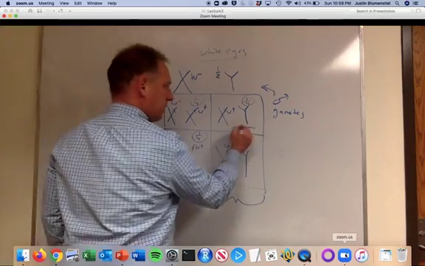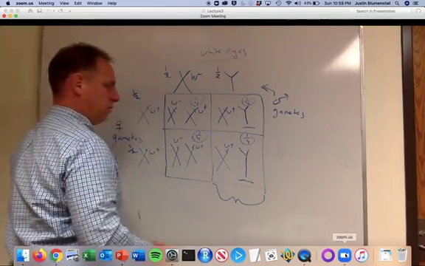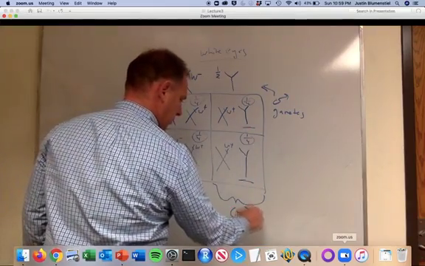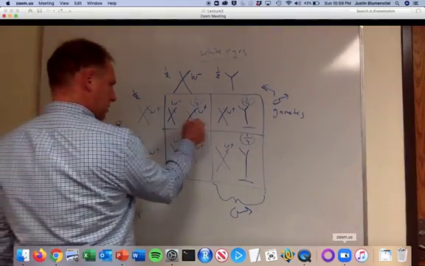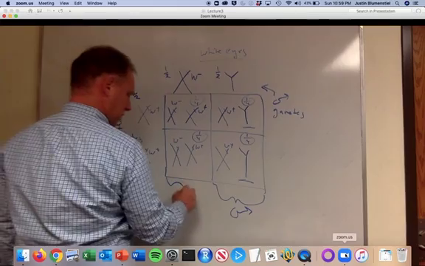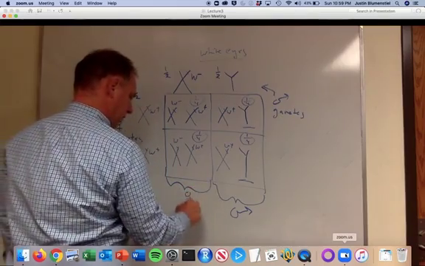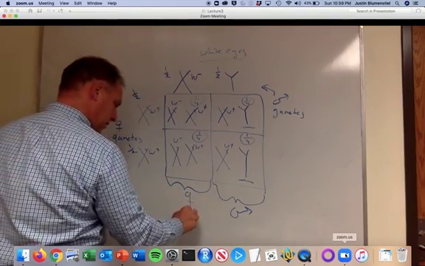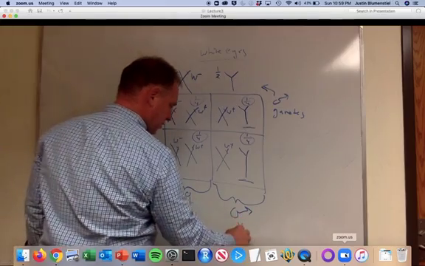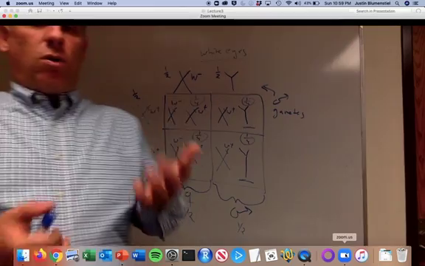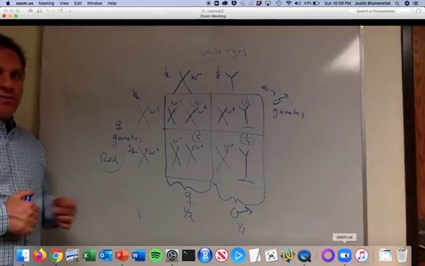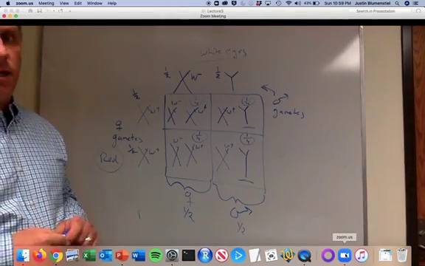This is what's making this one male, and this is what's making that one male. Half of them will be male, and then X, X, X, X, so the other ones are the females. And so it's a 50-50 ratio, just as you expect. So sex determination through chromosomes allows a 50-50 sex ratio to be maintained in a population.